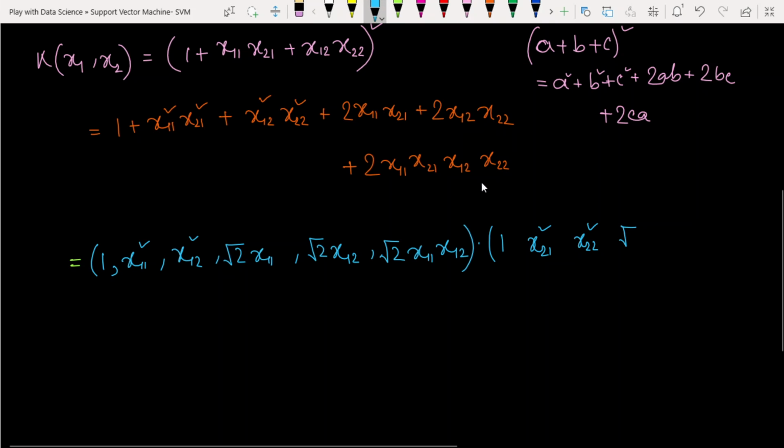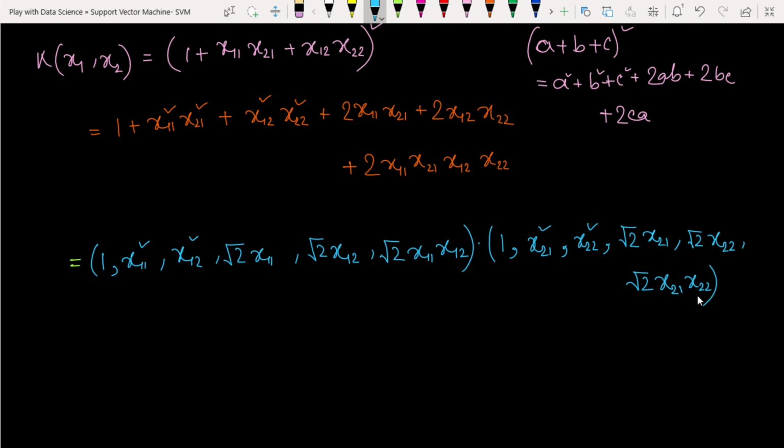It will be simple comma x22, okay, root 2 into x21, root 2 into x22, and root 2 into x21 x22. Okay, it is simply a dot product. I think you have understood the simplification or form of this vector.